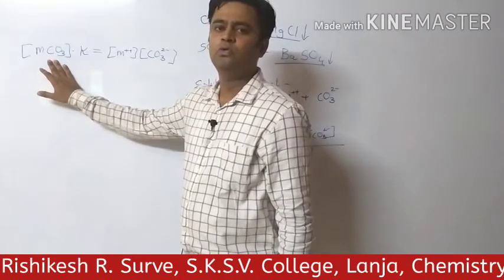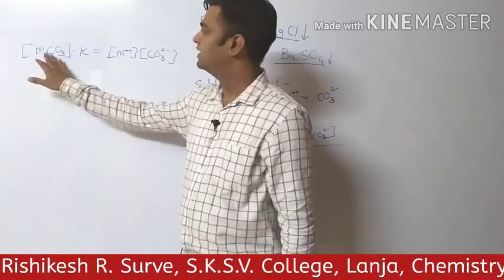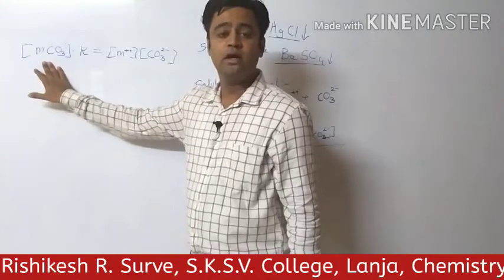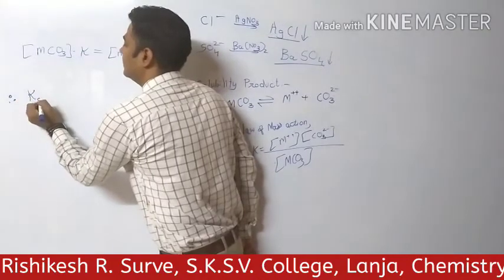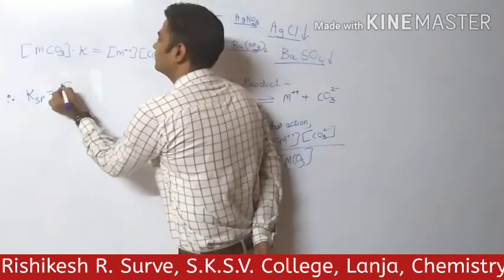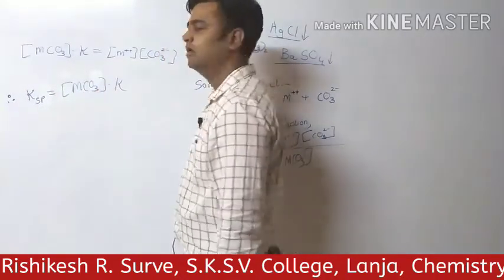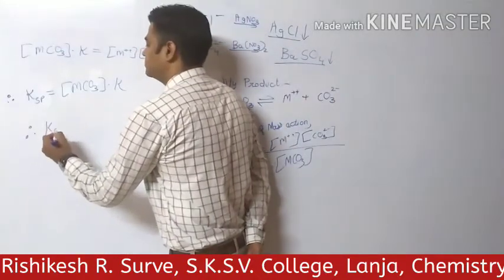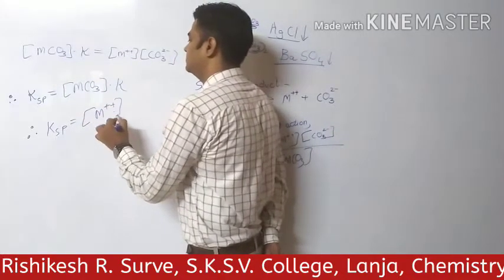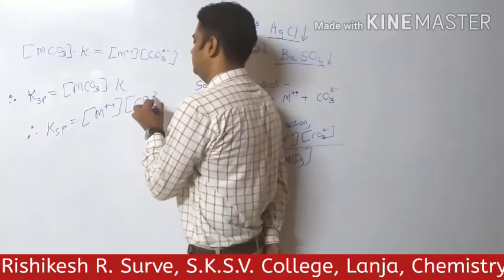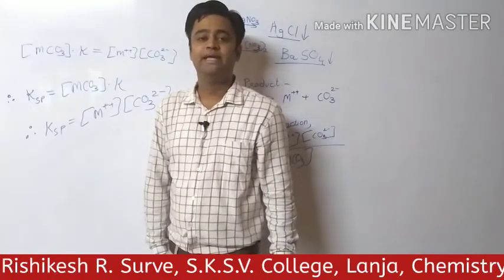It will dissolve in too low a quantity, that is negligible, and hence its concentration in a solvent remains constant, and therefore KSP equals the concentration of MCO3 into K, and therefore KSP is nothing but the concentration of M2+ into the concentration of CO3 2 minus.